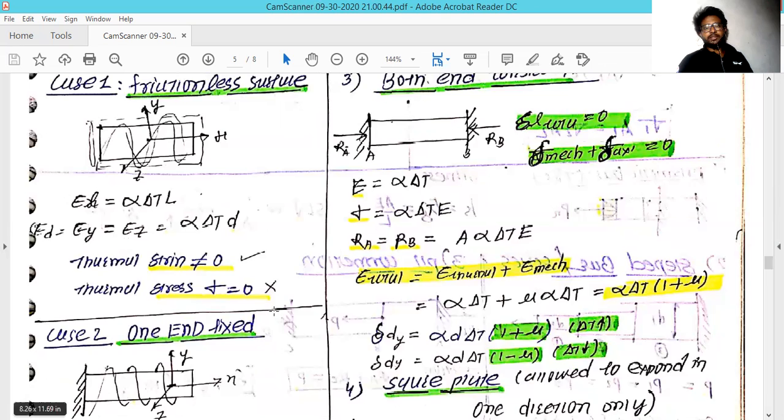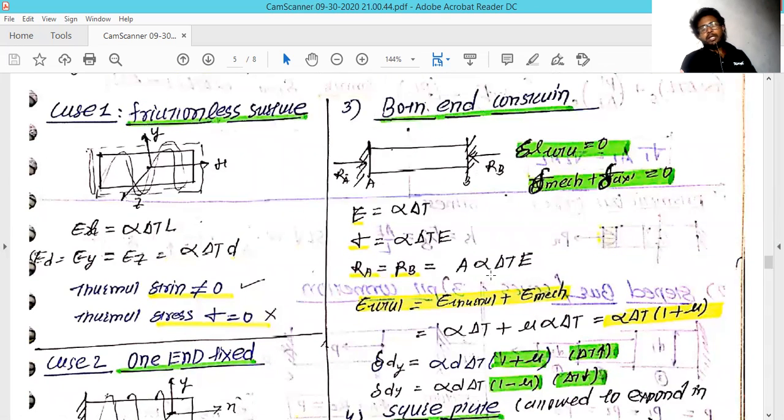In this condition, you can find out the values of RA and RB, which are the forces generated due to the thermal expansion. We know the formula for the strain, which is alpha delta T. If you multiply it with the modulus of elasticity, it becomes the thermal stress.